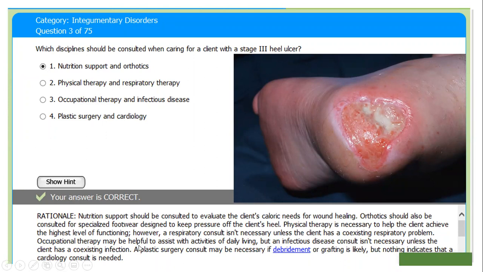Occupational therapy may be helpful to assist with activities of daily living, but an infectious disease consult is not necessary unless the client has a coexisting infection. A plastic surgery consult may be necessary if debridement or grafting is likely, but nothing indicates that the patient needs to go to a cardiologist.